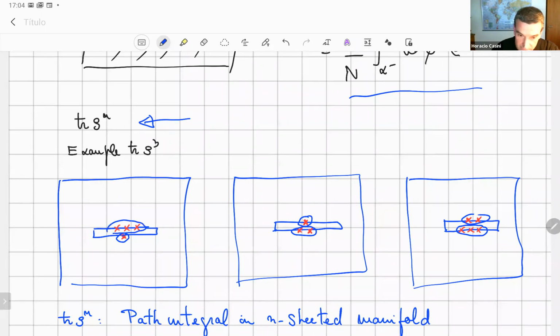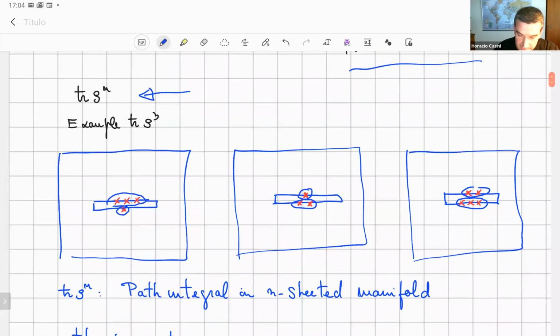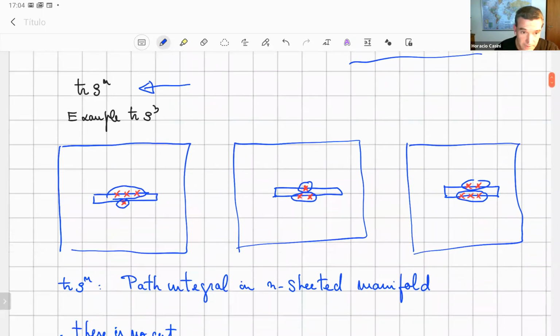And then at the end, you don't have any boundaries, so the path integral over this manifold is just a number that is the trace of rho to the cube.